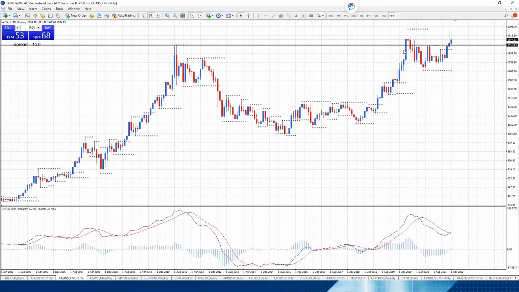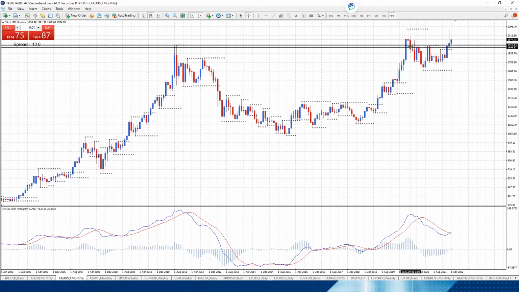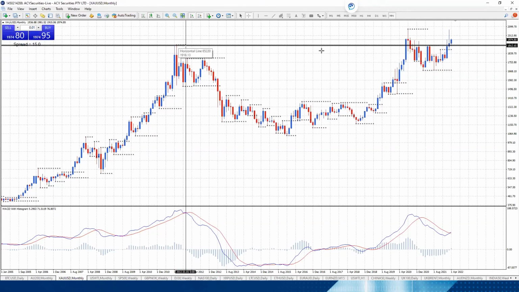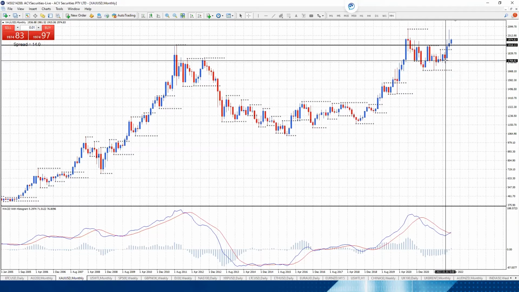Remember, this is a monthly chart, going from 2020 right through to now, so about 2 years. Gold had a big run up at the start of COVID, and then it has really been consolidating or going sideways. Notice how that previous high became the highest point it could get to before it failed again and just consolidated in this range.